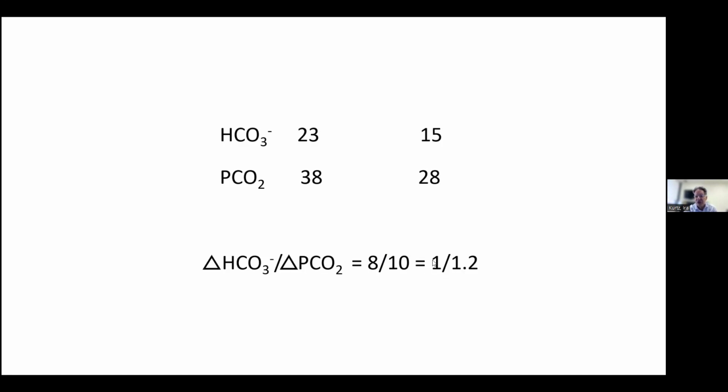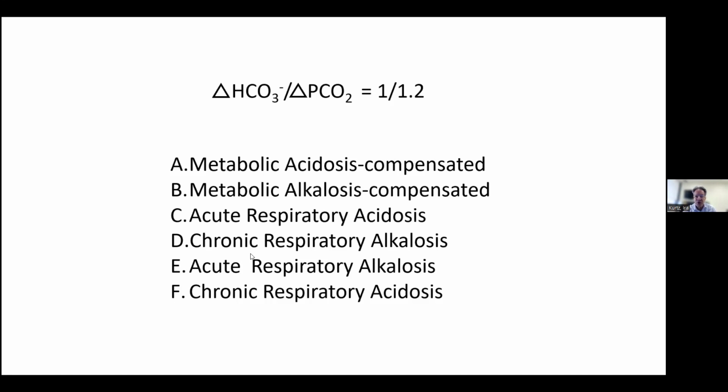So the PCO2 changed a little bit more than the bicarbonate changed. Essentially 1 to 1, but if you want to be exact, there's a slightly greater change in the PCO2 than the bicarbonate. So the question is then, which of the 6 acid-base disorders has these 2 changes from normality? If you could enter your answers on the poll.